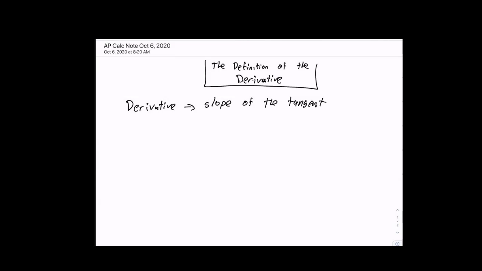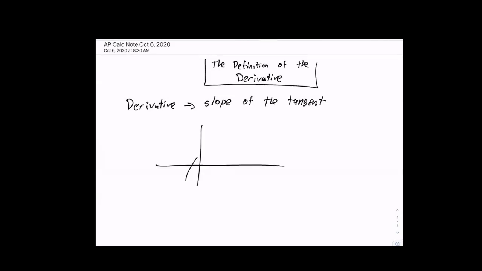So yesterday you focused on finding the slope of the secant line, and in your homework you calculated some slopes of secant lines. Towards the end you started approximating, utilizing tables numerically and graphs, sliding values very close to each other to approximate the slope of the tangent line.